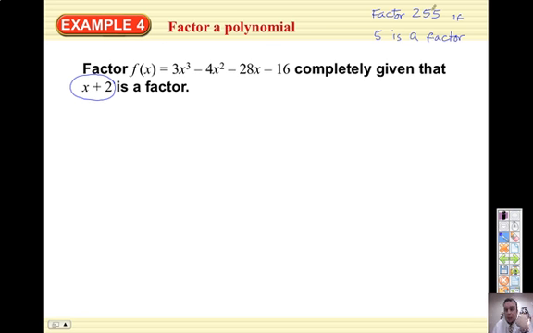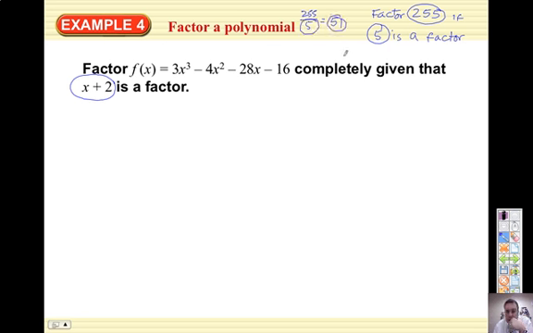What would you do? You would take 255 divided by 5 and get an answer, 51. Now you factor 51 if you could. So 5 and 51 are factors.